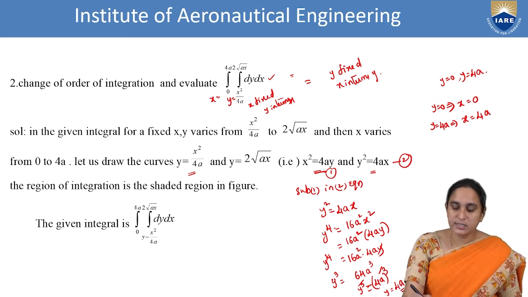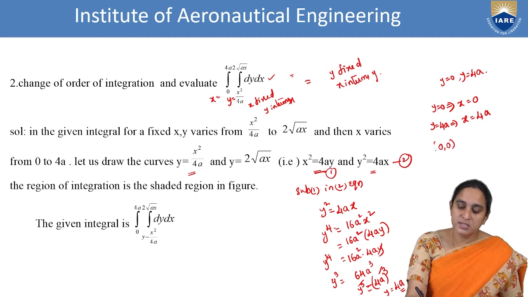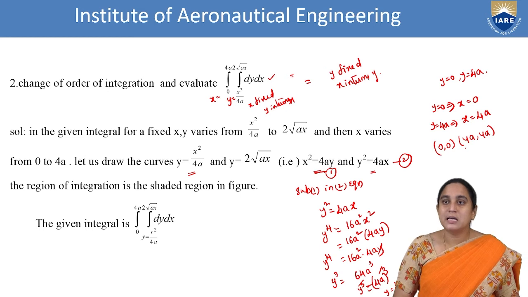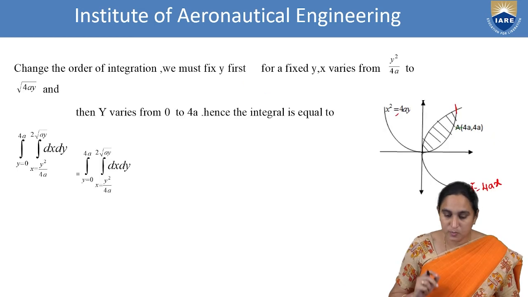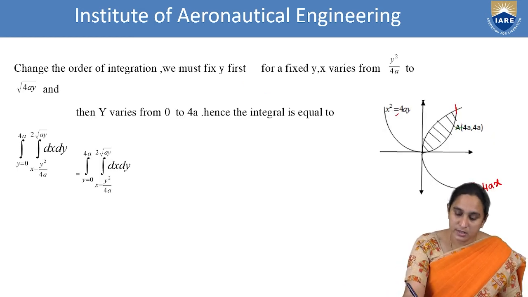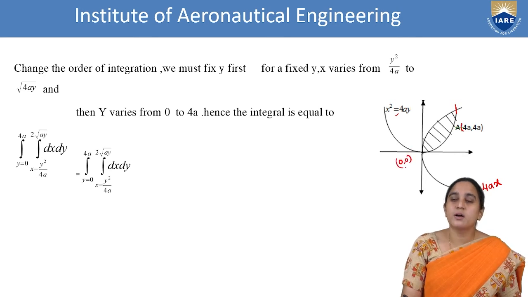Therefore the intersecting points are 0, 0 and 4a, 4a. That is, the origin and 4a, 4a. These are the intersecting points.